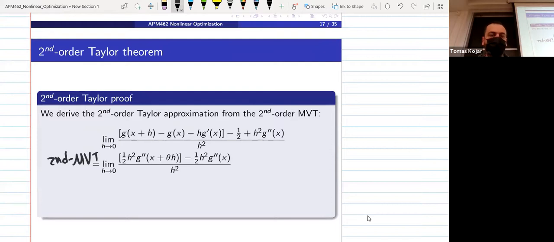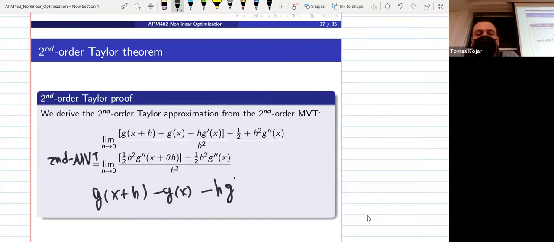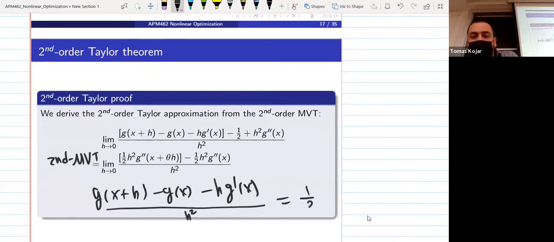So the result we proved before was that if you take this guy divided by h squared, it will equal a half G double prime of x plus theta h, or if you like C, however you like it.